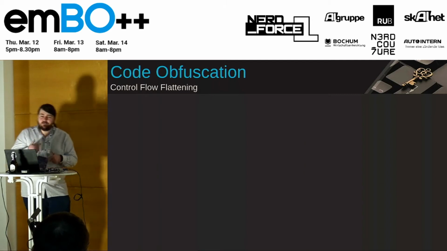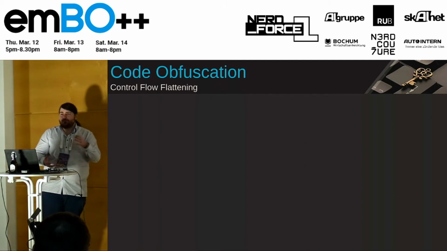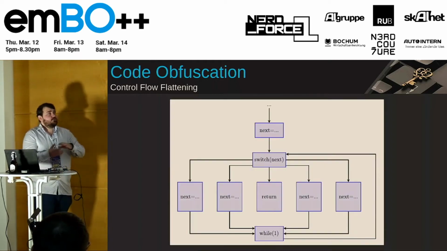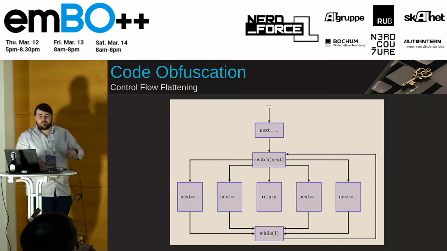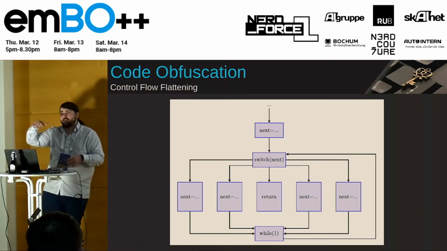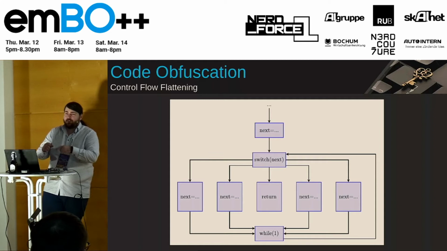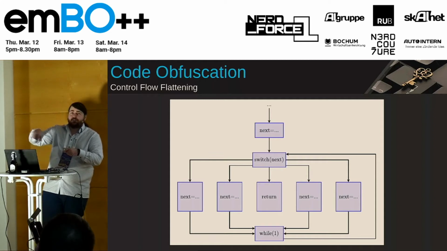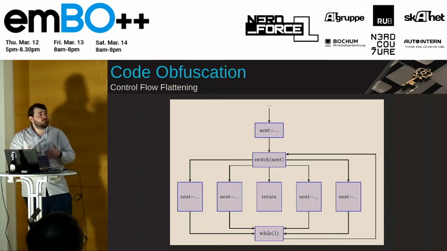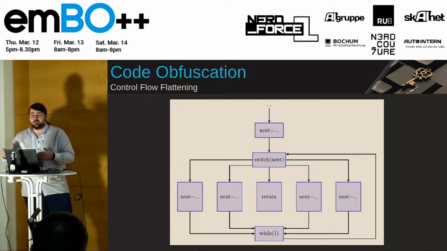And another thing is you flatten the control flow. This essentially means you turn it into a big switch case. So instead of having one basic block that has a conditional branch to another basic block or follows a different path, all of your basic blocks are always targeting the same basic block, and you're using a register or a variable to tell which basic block should be executed next.